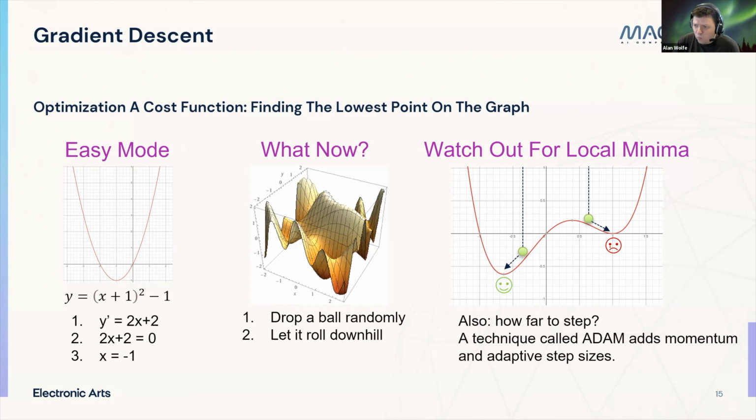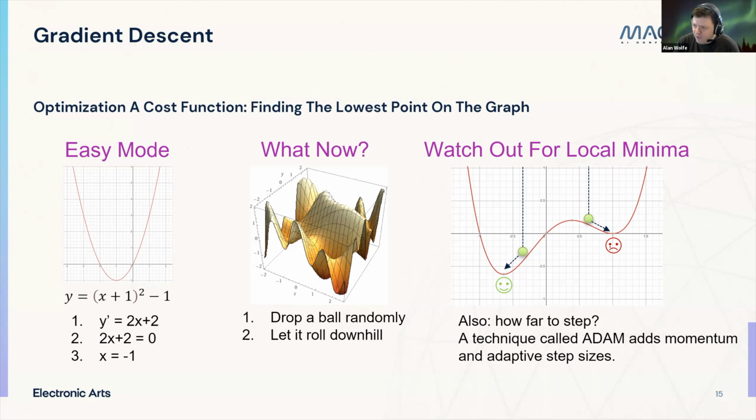An easy way to do this for simple functions is you just find the derivative of the function, set it equal to 0, and then wherever those points are, you can look at them to see if they are the minimum that you're looking for, like iterate through them.